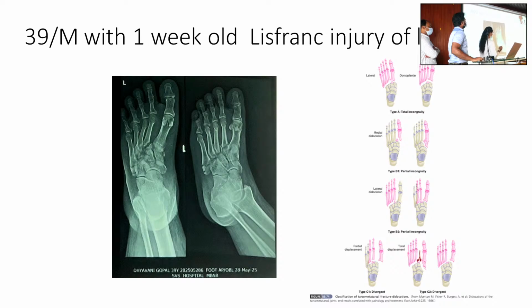Whereas in B2, there will be lateral displacement of middle and lateral columns. Type C is known as divergent dislocation, divided into C1 and C2. In C1, there will be partial incongruity, with divergent displacement of 2 columns while 1 column remains intact. Whereas in C2, there will be divergent dislocation of all TMT joints.